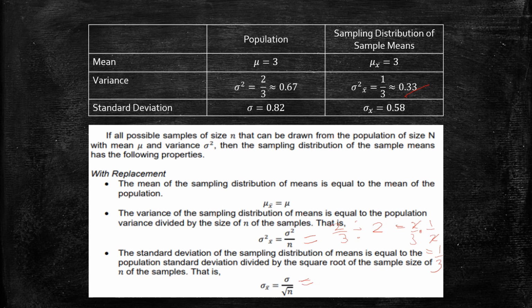The population standard deviation is 0.82 divided by, the same as with the variance, your n is 2, so you have the square root of 2. Using your calculator, you can check: 0.82 divided by the square root of 2. The answer is 0.58, rounded to 2 decimal places.